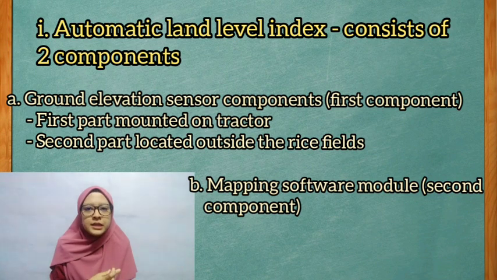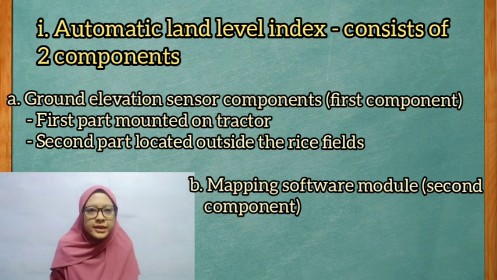The first part is mounted on a tractor that has a global positioning antenna, known as GPS, mounted on the drive-com implementation, a processing module located in the tractor cockpit, and a real-time reference radio antenna mounted on the roof of the tractor. Then the second part consists of a reference station that has GPS and RTK radio located outside the rice field.